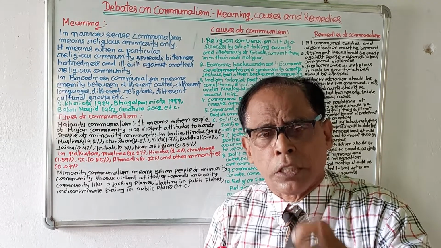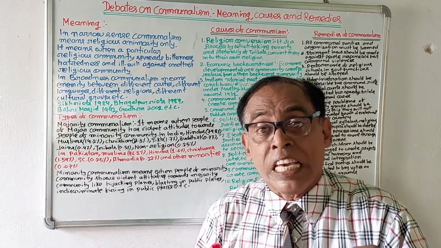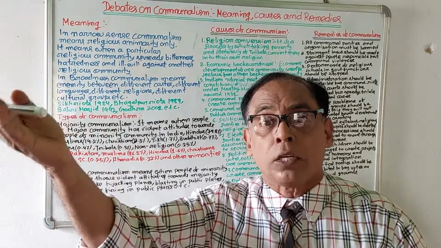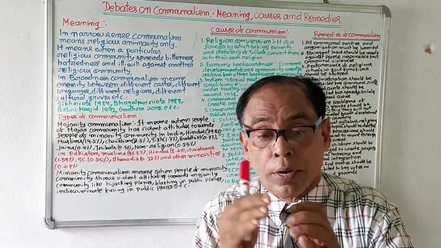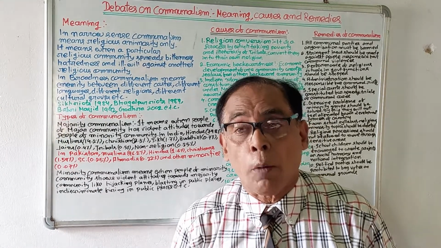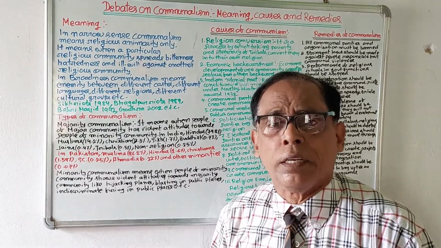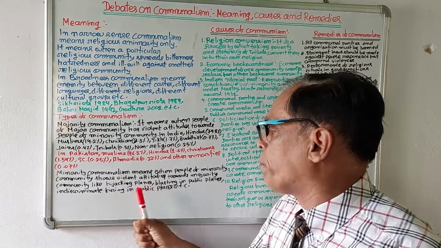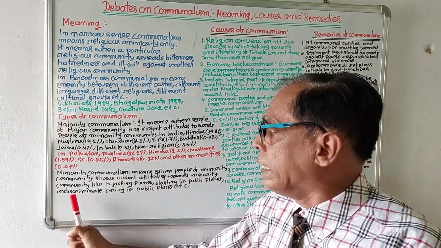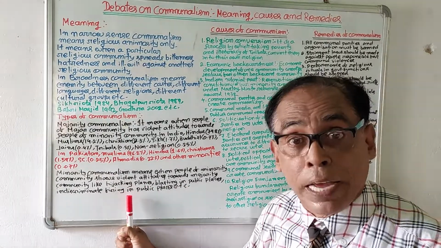Sikhs, Muslims, Jaina, Buddhists, they are minor community. If they will have feeling of animosity or hatredness towards a major community like Hindu, it is known as minority communalism. Sometimes people of minority community in India are taking shelter up, hijacking planes, blasting in public places, indiscriminate firing in public places.